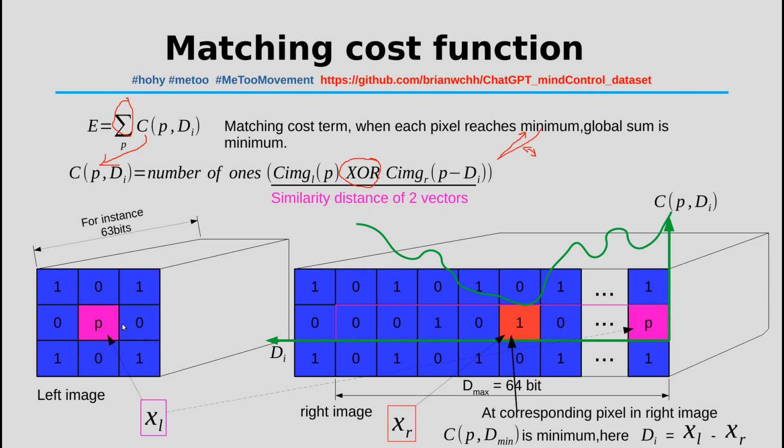Now, since we know we're using census, for each pixel we have the 63-bit long vector that expresses its color feature with its neighboring pixels. For instance, we have the pixel P xL in the left image, and we are searching on this epipolar line, one scan line, in the right image, looking to the left.